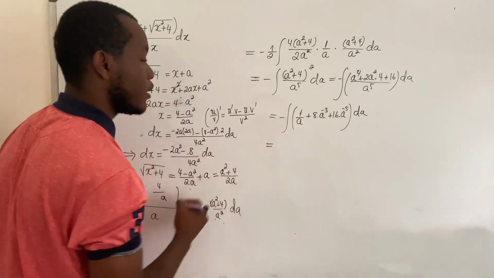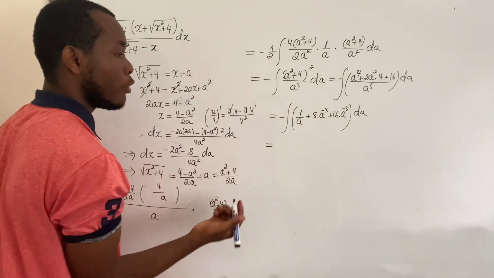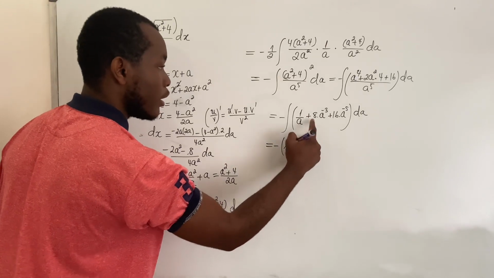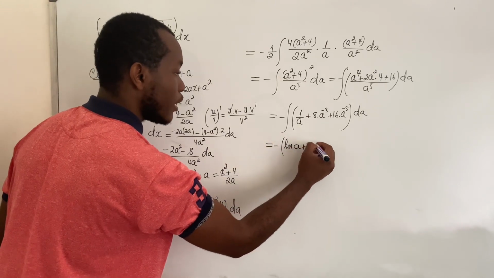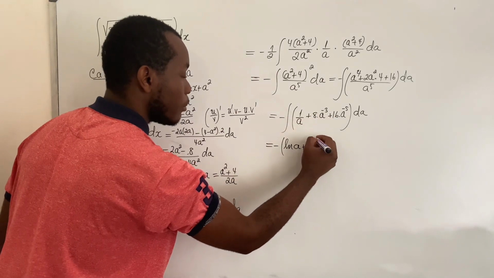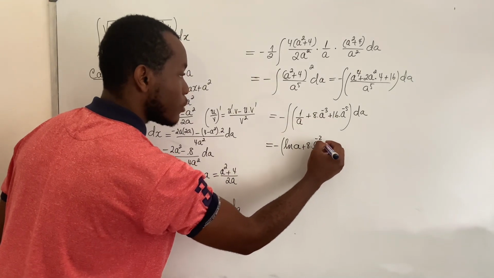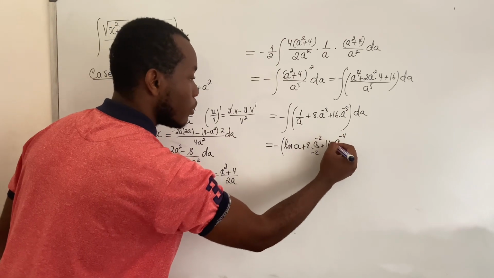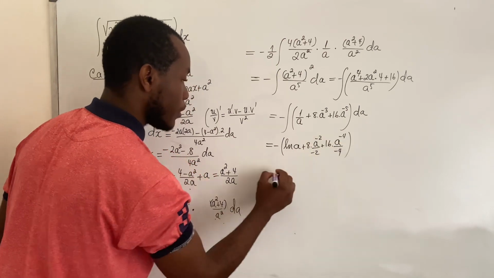The integral of 1 over a, we know, is ln a. And here it will be plus 8 times, if we add 1, a to the power minus 2 over minus 2, plus 16 a to the power minus 4 over minus 4.